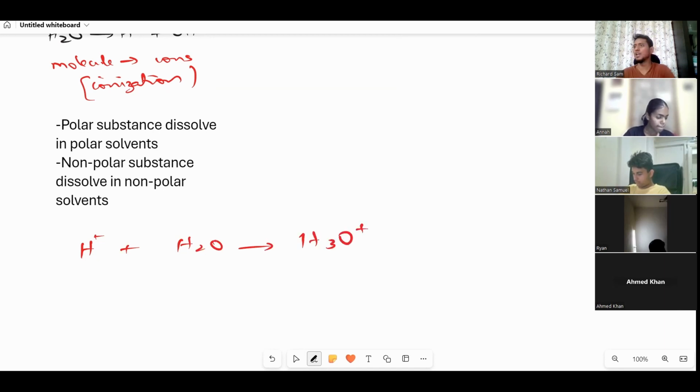This H3O plus is called hydronium. The bond between the hydrogen ion and the water was a coordinate bond. Second coordinate bond is between what? Hydrogen and ammonia. So the bond between the hydrogen and ammonia was a coordinate bond.